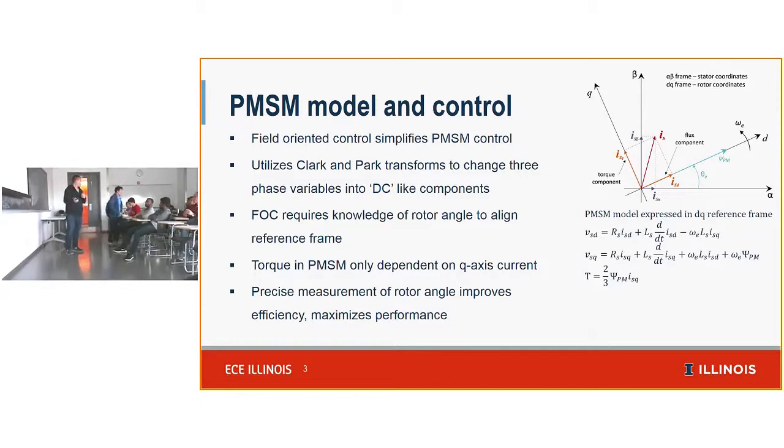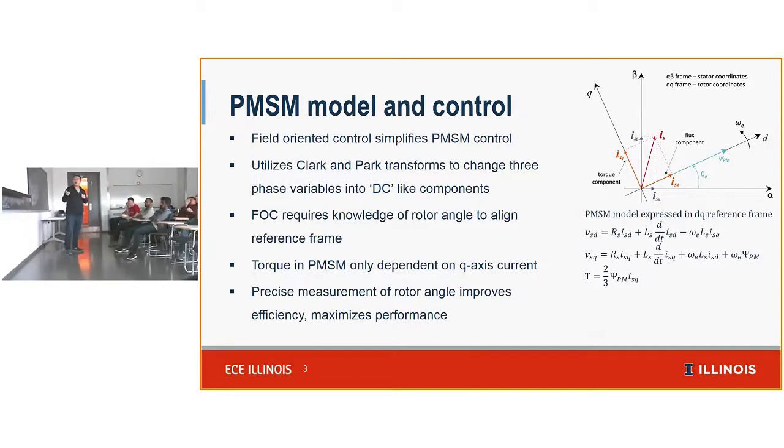However, to achieve this field-oriented control, it requires a knowledge of the rotor angle to align the reference frame, which is this theta here. And as I mentioned just now, torque only depends on the Q-axis current. So a precise measurement of this rotor angle is critical in achieving good maximum efficiency and maximum performance in this permanent magnet machine.